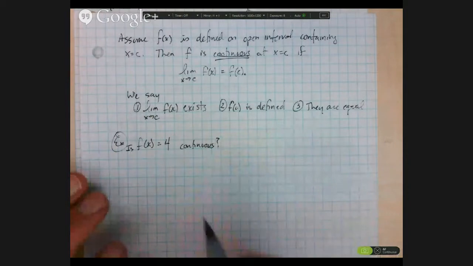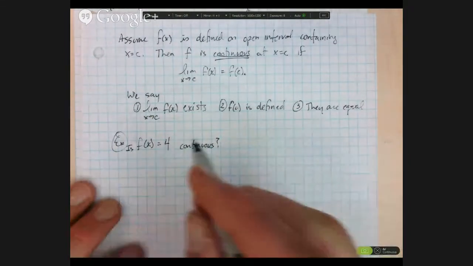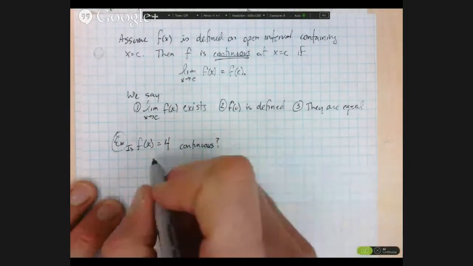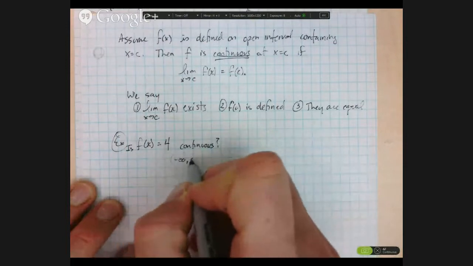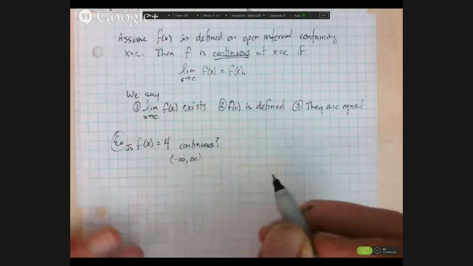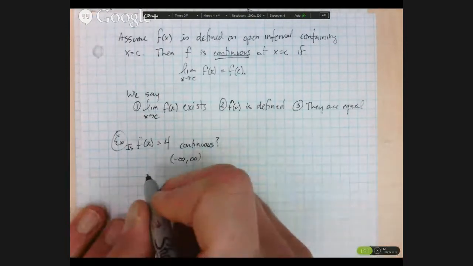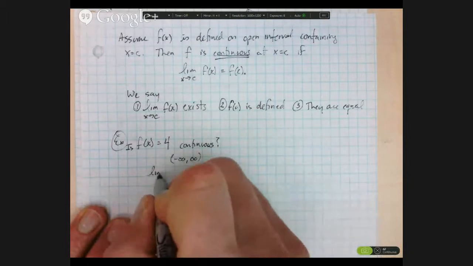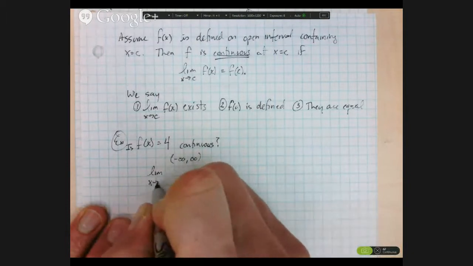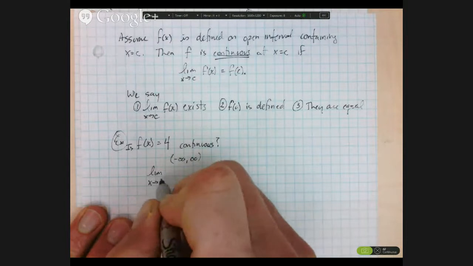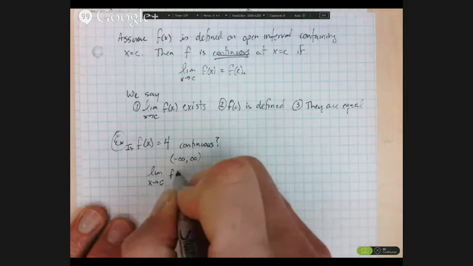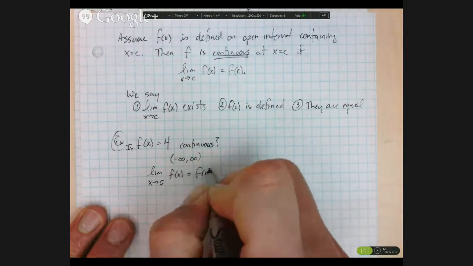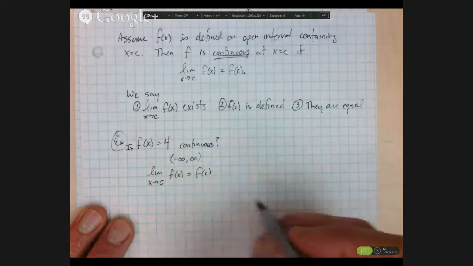Sometimes we don't define an interval, it means forever. Okay. It would be on the interval negative infinity to infinity. So we have to show that the limit as x approaches c of f of x equals f of c. Right.